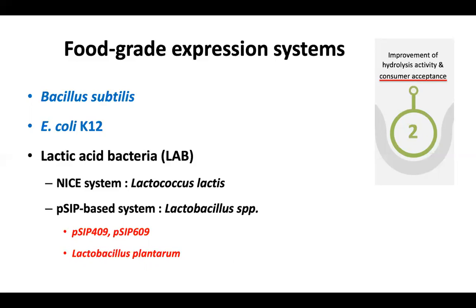For E. coli, as I mentioned before, even though E. coli comes from feces and it can be dangerous, there is only one strain of E. coli that has been approved by US FDA for food application, and that is E. coli K12, okay? The other type of bacteria that is commonly approved for food application is lactic acid bacteria.